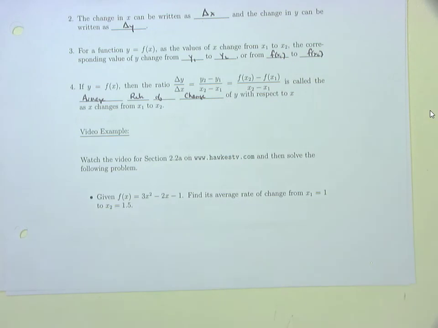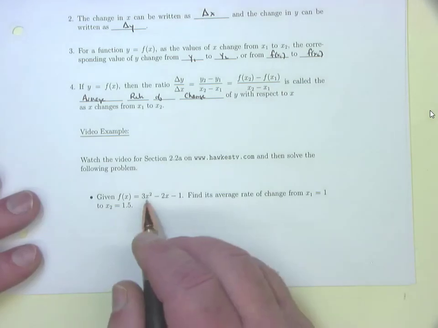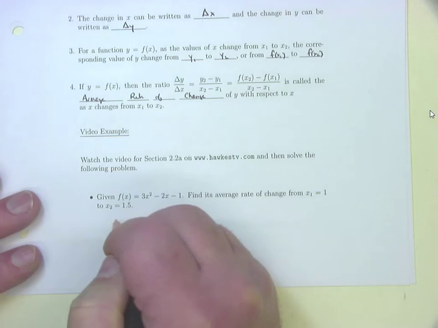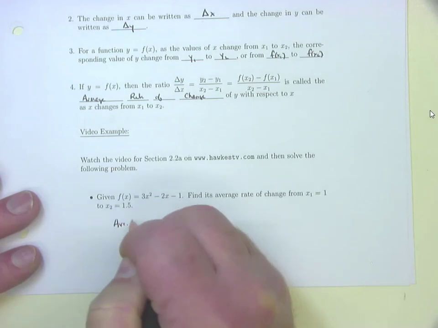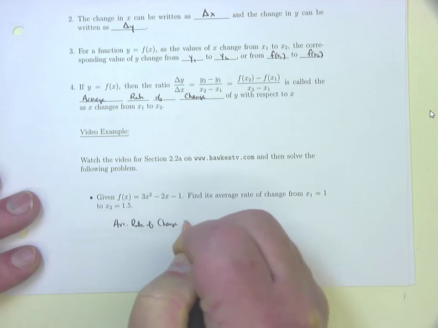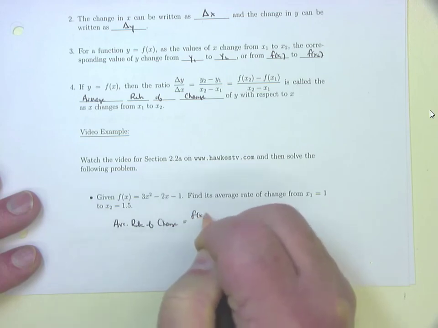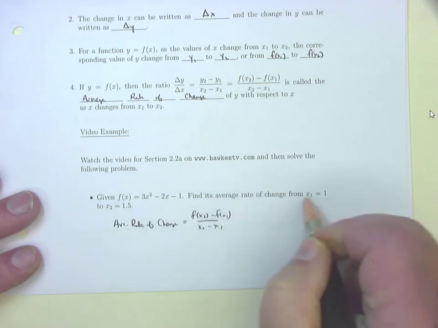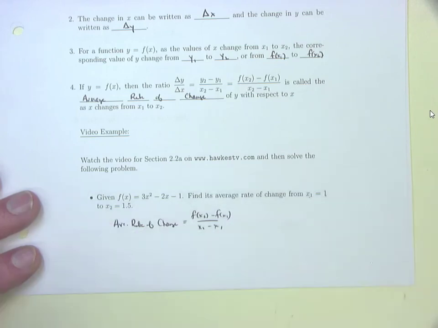All right. So, given f of x equals 3x squared minus 2x minus 1, find the average rate of change. So, that's what we're looking for. Average rate of change, which is a formula, f of x2 minus f of x1 over x2 minus x1, as x1 equals 1 and x2 equals 1.5.